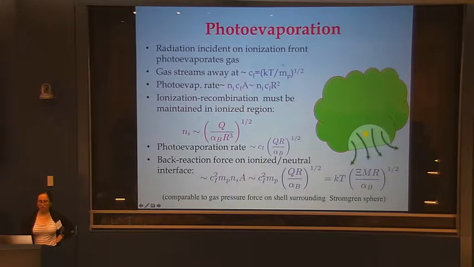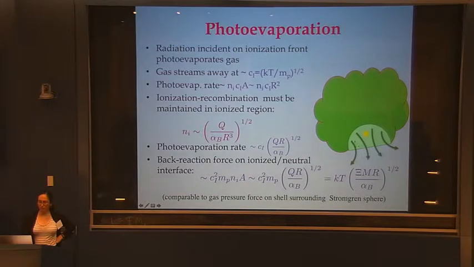That means gas will stream away at about the sound speed of ionized gas, or about 10 kilometers a second. So if the density is this, then the total photoevaporation rate from the surface you can write in terms of whatever the density in this region is times that ionized gas sound speed times the area.